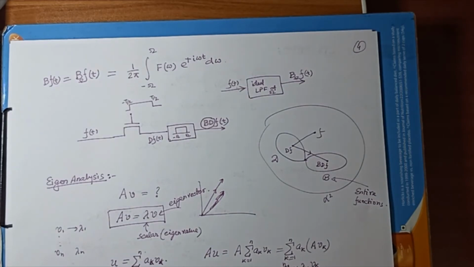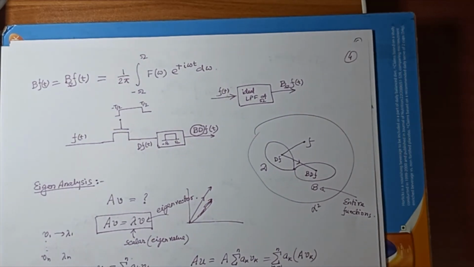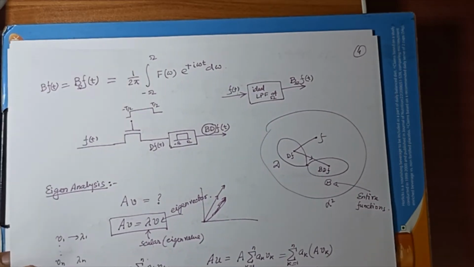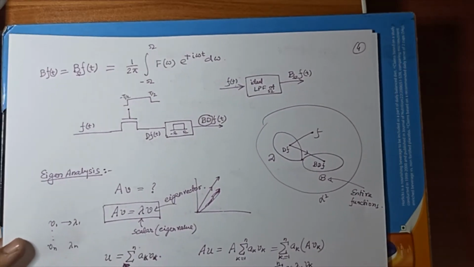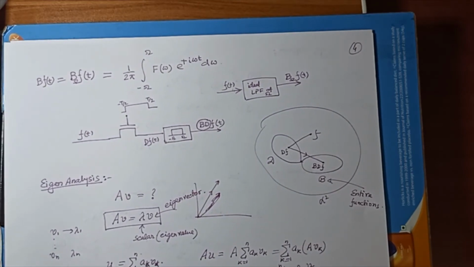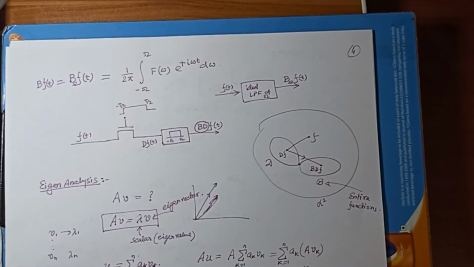Then in the 1960s, in Bell Labs, the same Bell Labs which developed information theory and Linux, three people, David Slepian, Landau and Pollak, devised this idea and did the eigen analysis. It was a serendipity moment, a lucky accident.